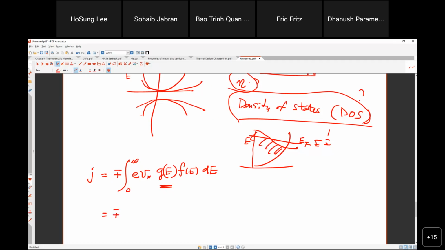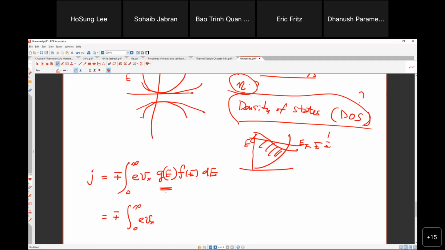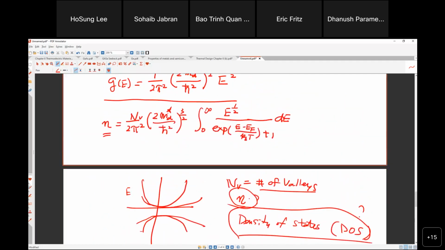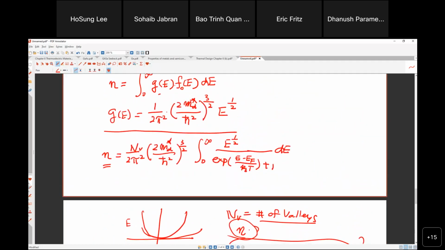For electrons, the x direction velocity is g over e now. I can plug in what we found, g over e.